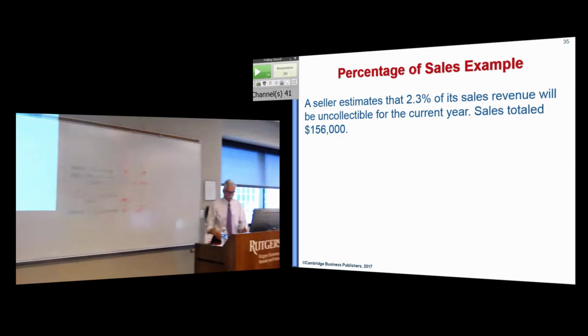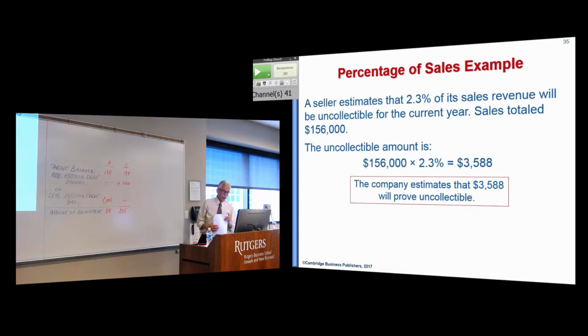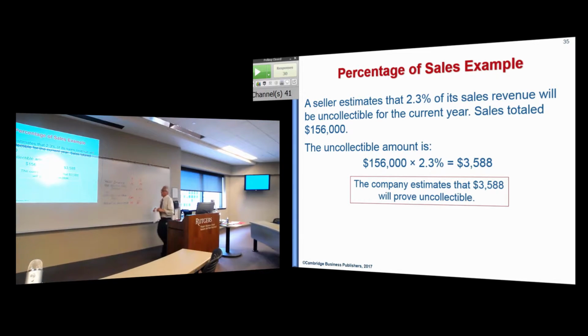And let's take the same ideas we had before. Percentage of sales. So let's say you sell 156,000. And remember, be very, very careful on homework or exams. These are credit sales. So what if your company sells both on cash and credit? You only provide an allowance against what?